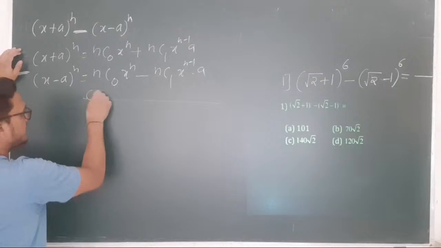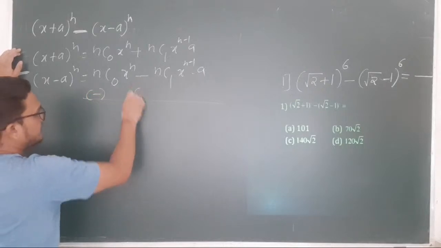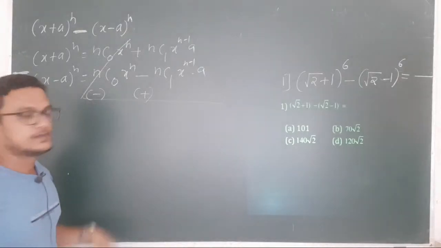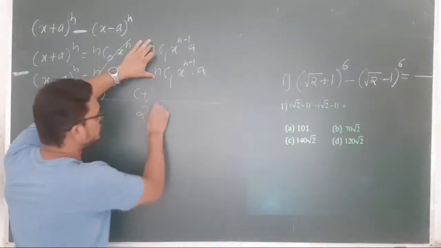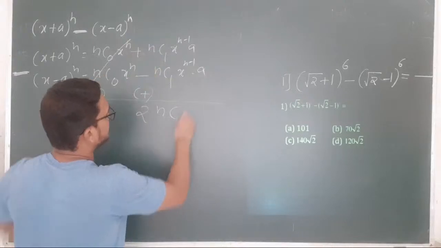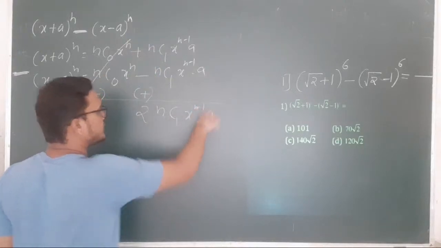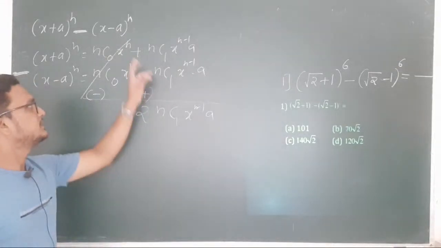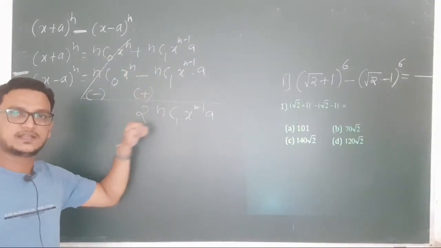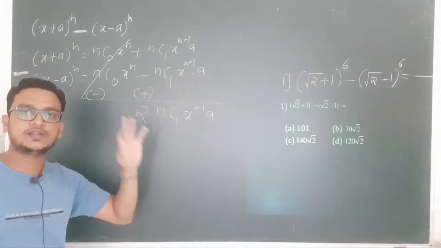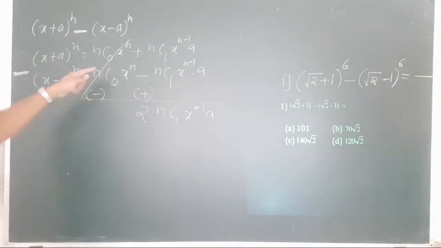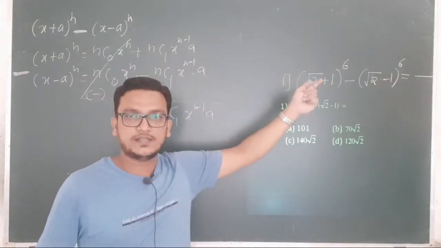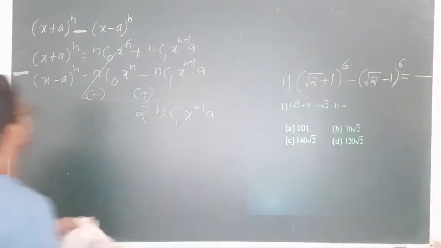This positive will become negative, negative will become positive. So this will get cancelled, and this is 2 times, so therefore this is 2 times nC1 x to the power (n minus 1) into a. Getting my point? Some of the terms will get cancelled and we are left with the other terms. So if you write these terms up to n terms, what result will you get? I'll tell you now.